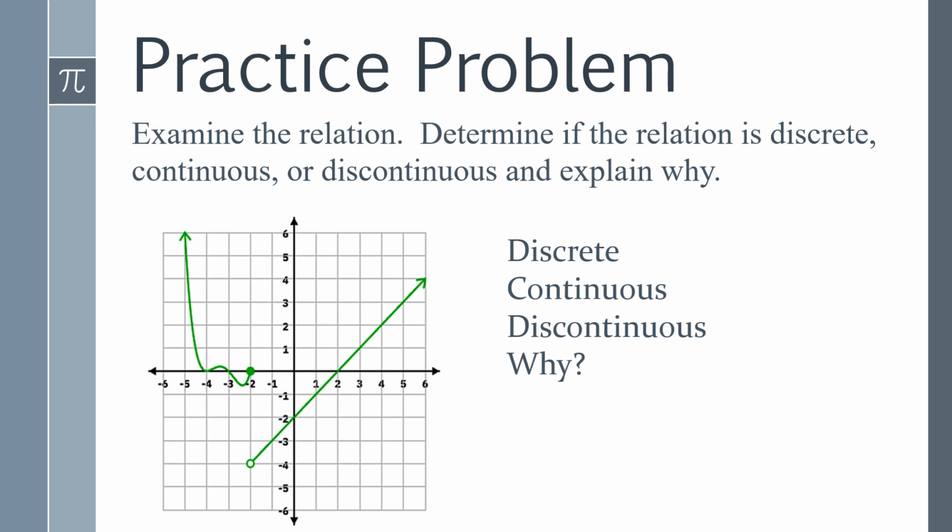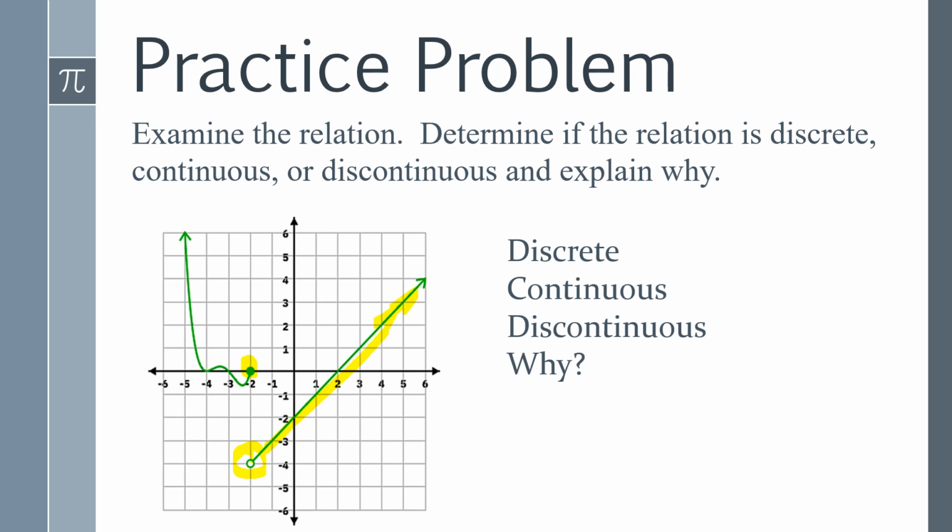All right, so let's take a look at this relation. Determine if this relation is discrete, continuous, or discontinuous, and explain why. Go. Now, as we look at this function, we can see we come to this point here, and then we have this hole down here, and then we continue this function this way.